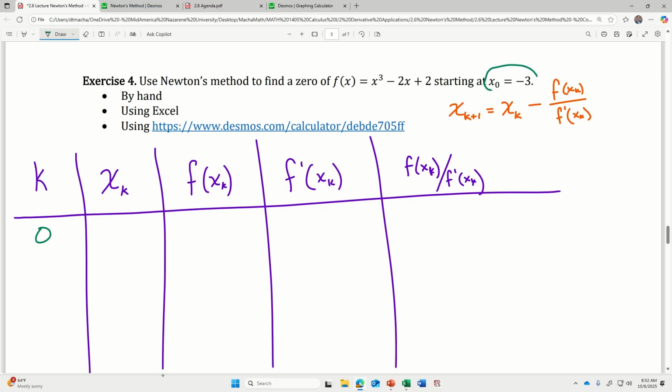And my initial iterate that I'm supposed to use is negative 3. Now, let's work in parallel here. You can get out your calculator and try to fill out the table. I'll get out my calculator and try to fill out this table. And we'll see what we get for 3 iterations.